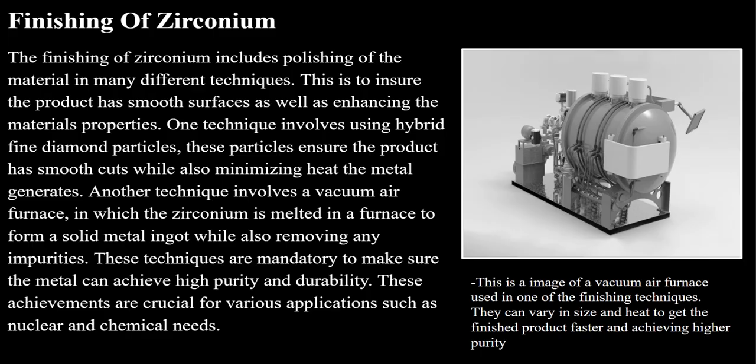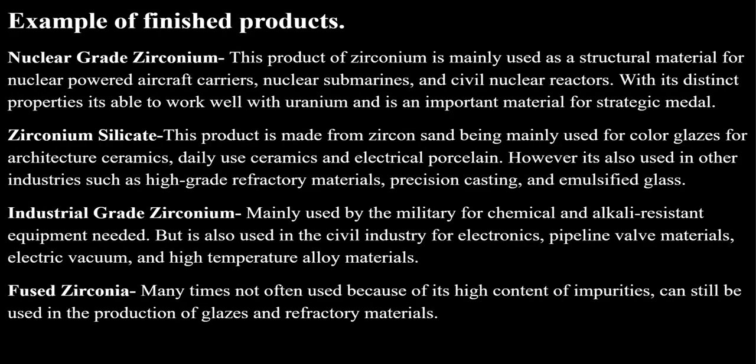The image on the right is an image of a vacuum air furnace used in one of the finishing techniques. They can vary in size and heat to get the finished product faster and achieving higher purity. Examples of finished products. Nuclear grade zirconium.